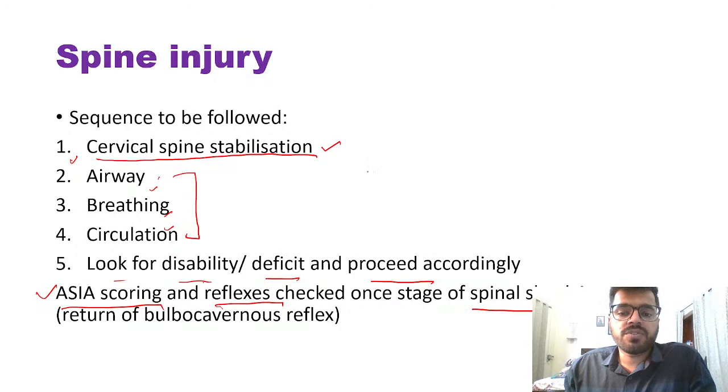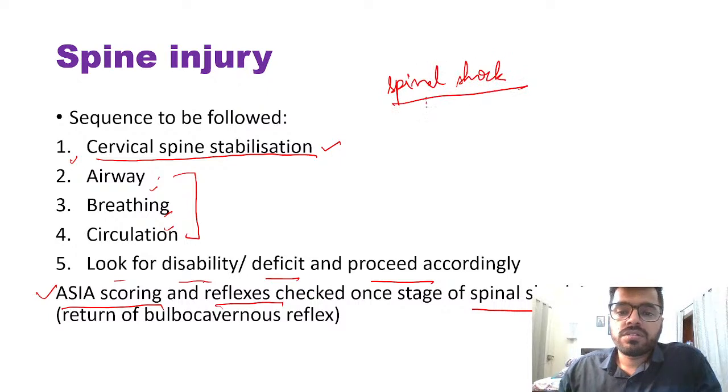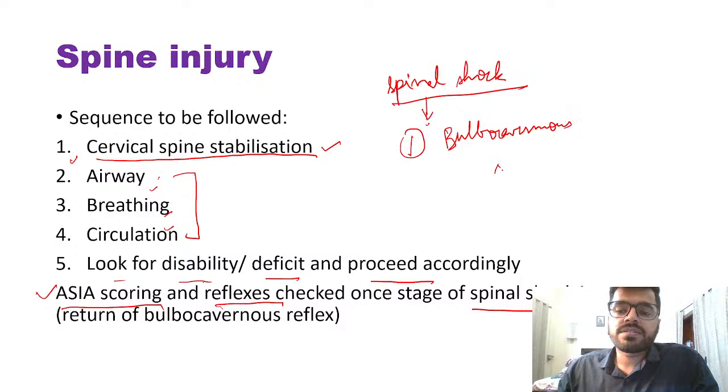So initially after trauma, the patient might be in spinal shock. How do we check that? If the patient has spinal shock, the patient will be areflexic. There will be depolarization of the entire spinal cord. So how to differentiate it from deficit? The one thing we can do is check for the bulbocavernous reflex.